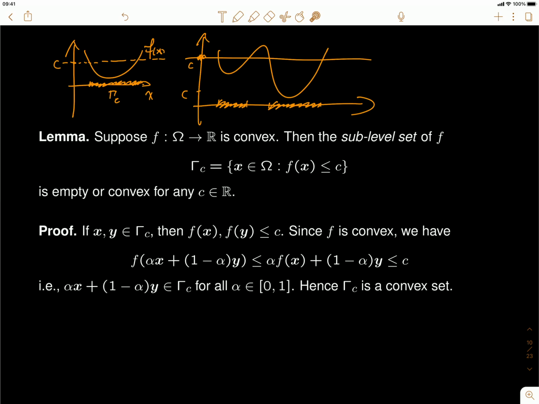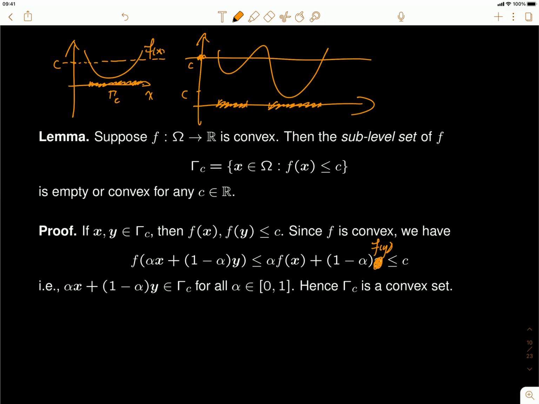We just evaluate f at this convex combination, and then because f is convex, we know that it must be less than or equal to alpha f of x plus one minus alpha f of y. This is because of the convexity of f.